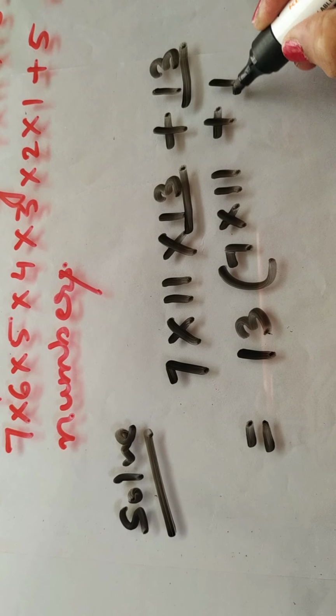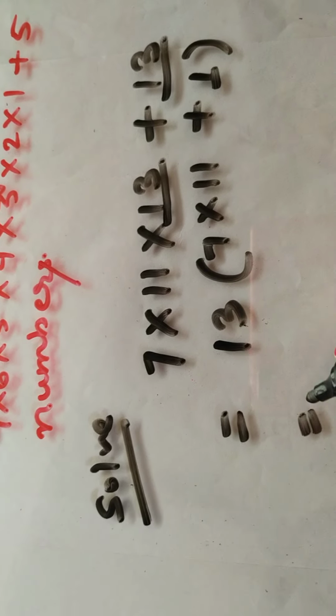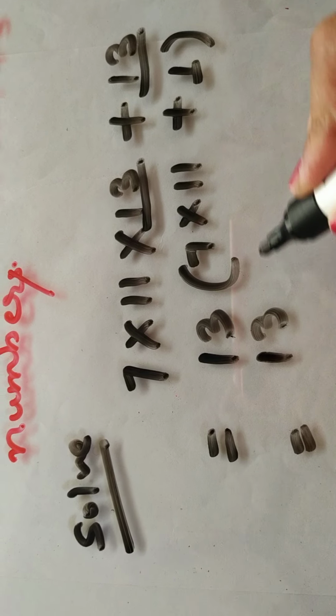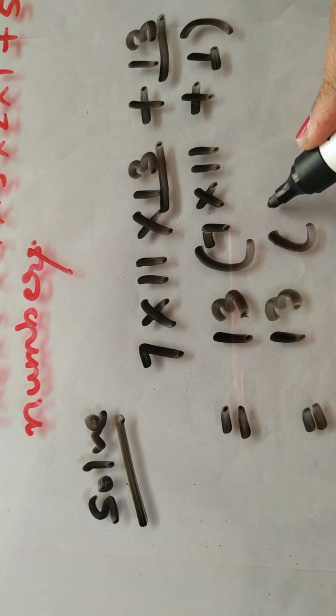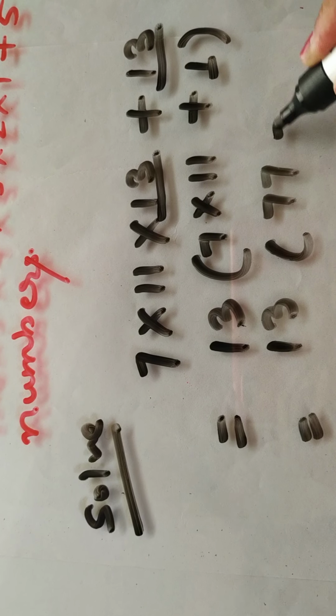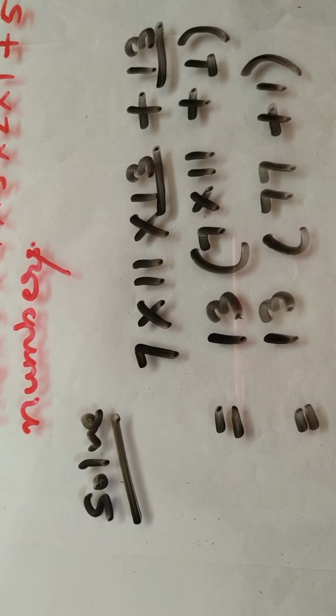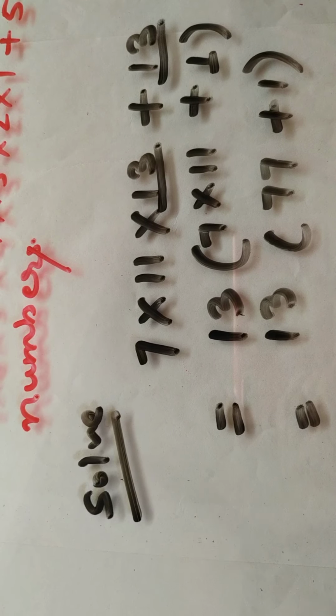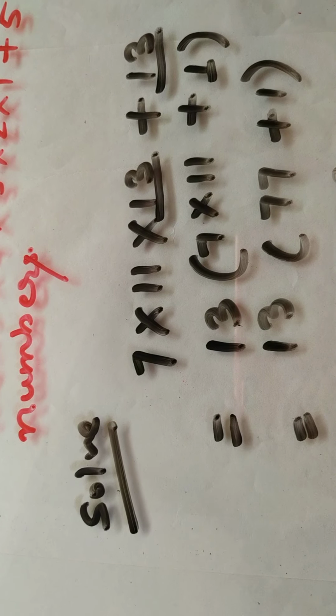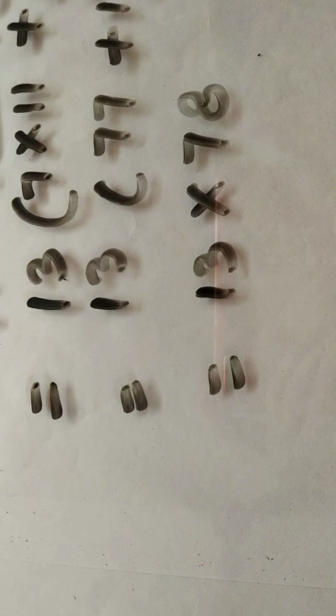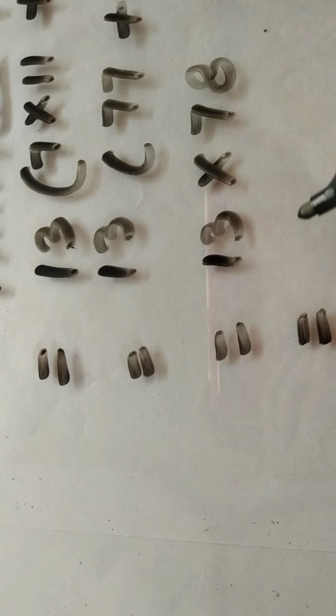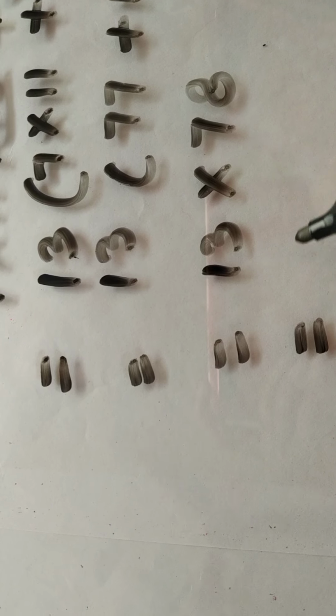So 1 is remaining here. Now 13 into, it will become 77 plus 1. Now 13 into 78. We know that 13 is a prime number and 78 is a composite number.